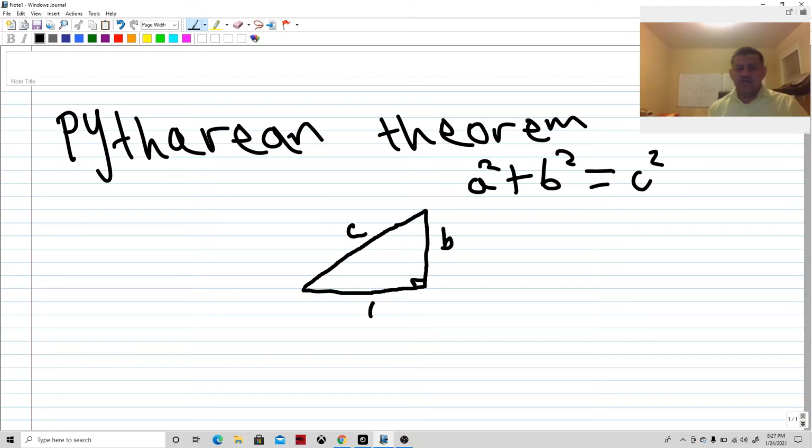You can say that is a, right? Oops, why did I put a square? I don't have to put a square in there. So that basically is the right triangle in basic geometry, which is the Pythagorean theorem, right?